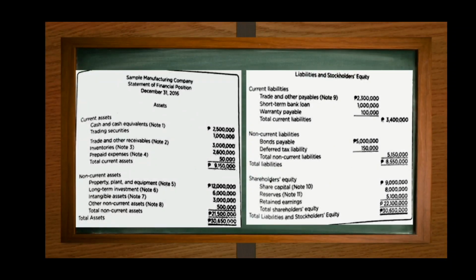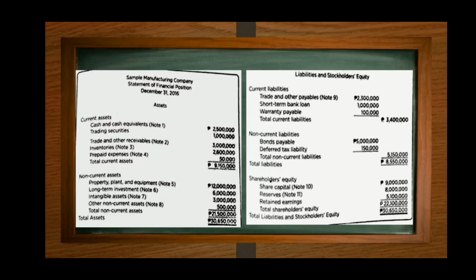Kaya ayan, kapag niless mo yung 8,550,000 na nasa total non-current liabilities, tapos yung 30,650,000 na nasa liabilities and stockholders equity. Kapag niless mo yun, yung magiging total niya is 22,100,000. Ayun na yung pinakang shareholders equity niya, yung pinakang total.